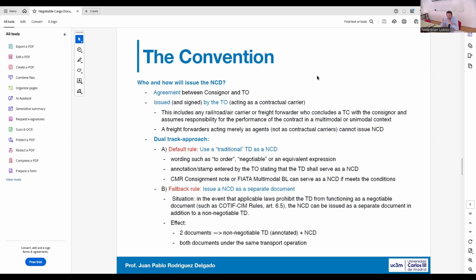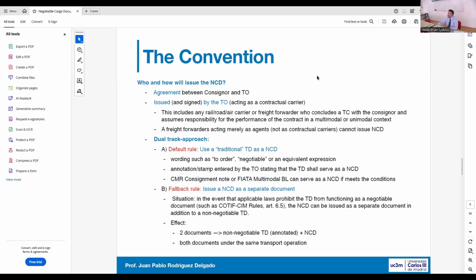This is quite tricky and quite confusing, and this is one of the most problematic aspects of this convention, this dual track approach. I'm not very convinced of this dual track approach, because what happens if the two documents are transferred separately? Sorry for the use of transfer, because transfer has a legal meaning. What happens if the consignee has the traditional document, the consignment note, but doesn't have the negotiable cargo document?